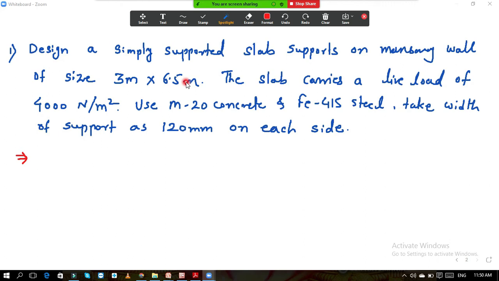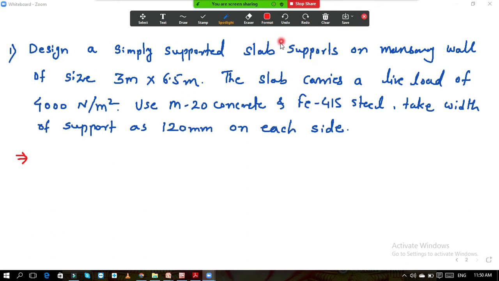Okay. Then use M20 concrete and Fe415 steel. Take the width of support as 120 mm on each side. Okay, so the support width is 120 mm. So what is this masonry wall given? Its width is 120 mm. This is the given problem.